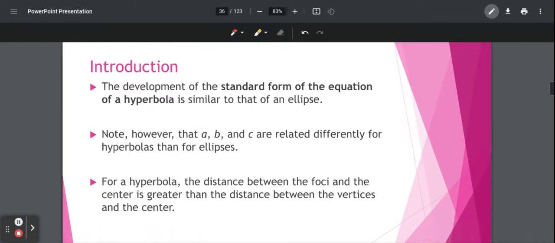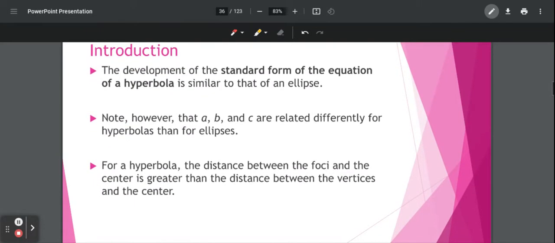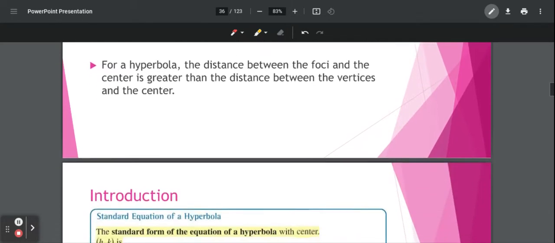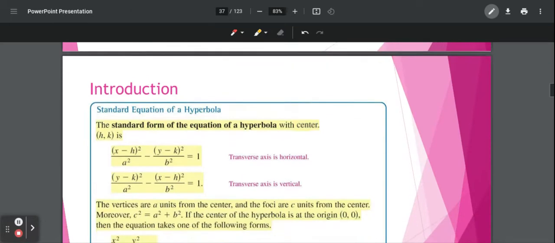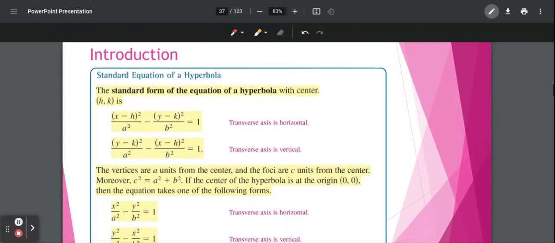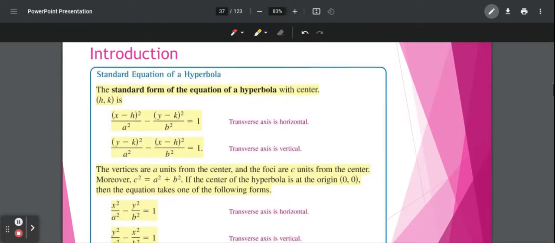And so again, we have standard form of an equation for hyperbolas, and they will look similar to an ellipse, which is sometimes easy to get confused. But there's a little bit of a difference between these two equations. If we look here at the standard equation for a hyperbola, a couple things you should notice are different. Hyperbolas are always subtracting, whereas in an ellipse we were always adding.